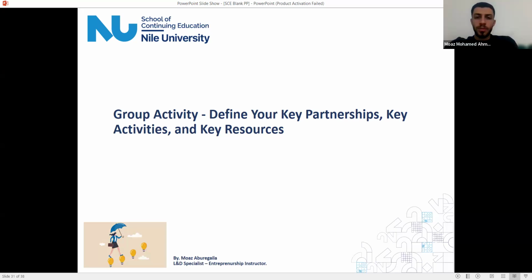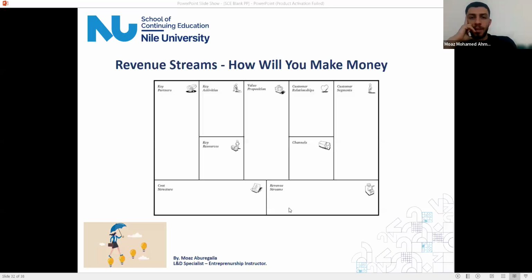So getting back to the presentation. We went through the value proposition, the customer segments, customer relationships, channels, then key partners, key resources, and key activities. And now we have the financial part: the revenue streams and the cost structure.